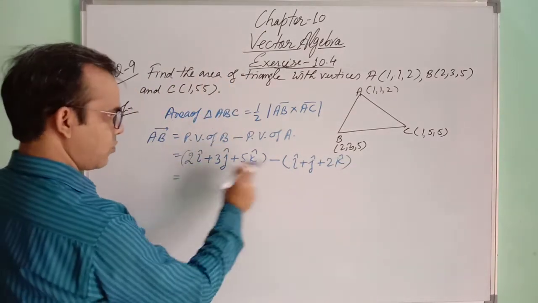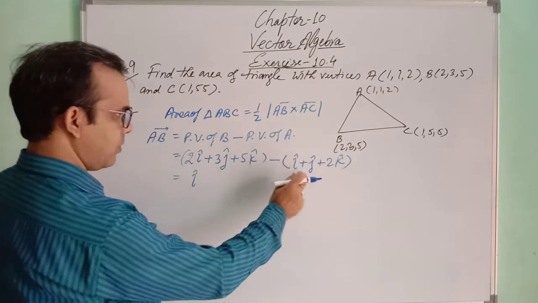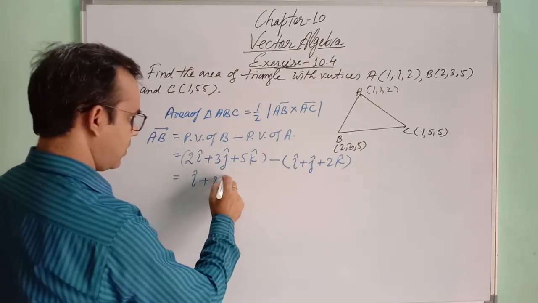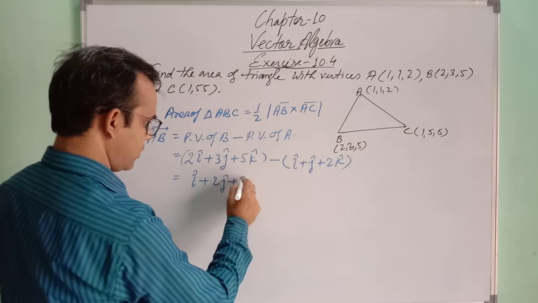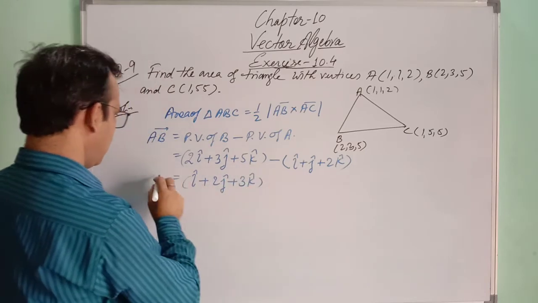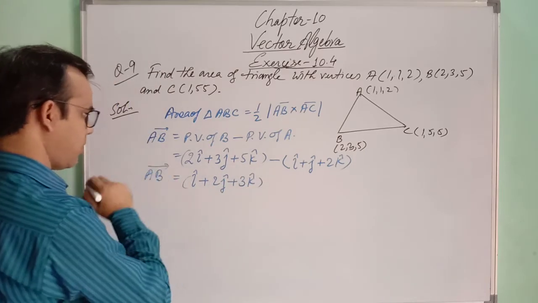So it will become 2 minus 1, that is 1 i cap, 3 minus 1, that is 2j cap, 5 minus 2, that is 3k cap. So this is AB vector.